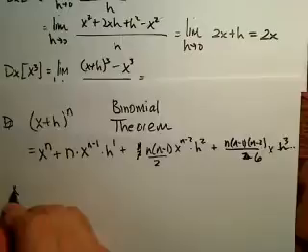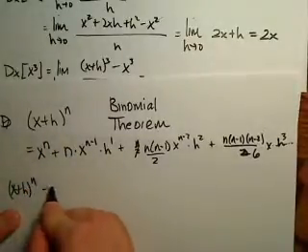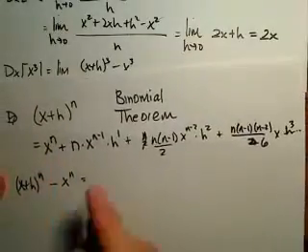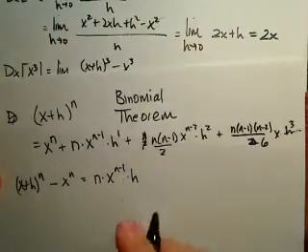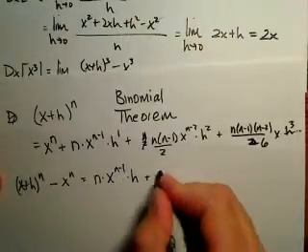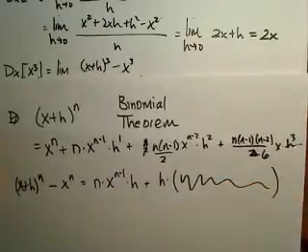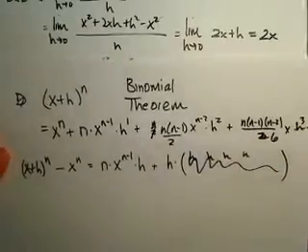So that means that once I take that x to the n minus x plus h to the n minus x to the n, that's going to cancel off. I'm going to get this much that has a single h in it. And then everything else is going to have one or more h's in it. I could take an h out, but these will still all have an h in them.